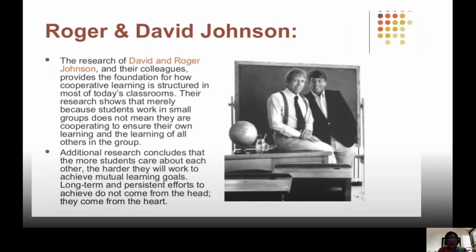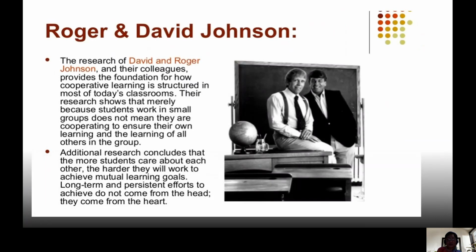Next, for Roger and David Johnson, their research and that of their colleagues provides a foundation for how cooperative learning is structured in most classrooms. Basically, they are the main researchers who focus on cooperative learning being applied in our classrooms.